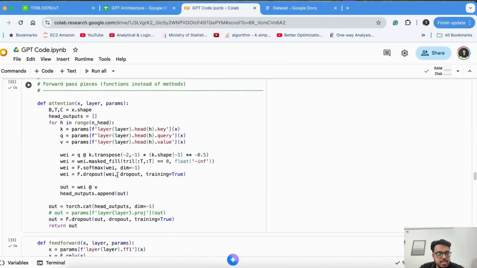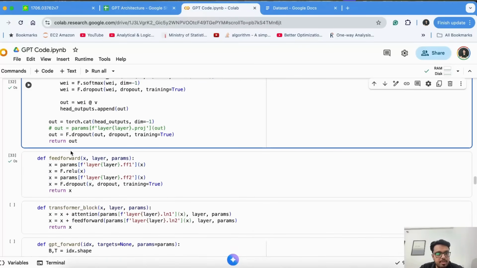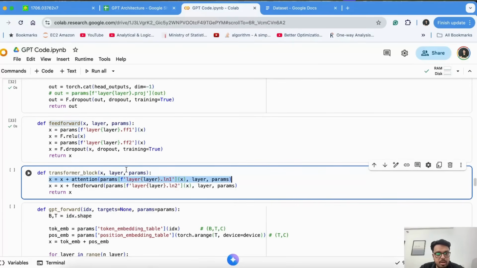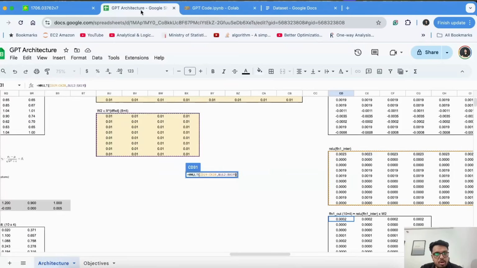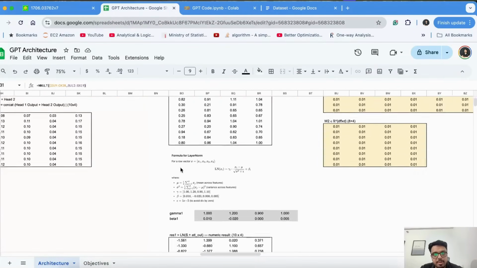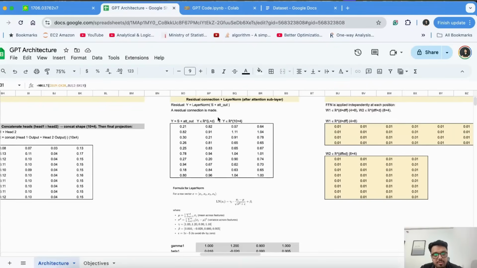Now both the attention layer and the feed forward layer are defined or called within another function called transformer block, which takes care of the residual connection and layer normalization. So ln1, ln2: ln1 is for the layer normalization that happened after attention, and the residual connection that happened.